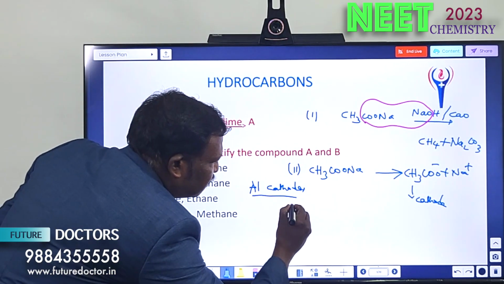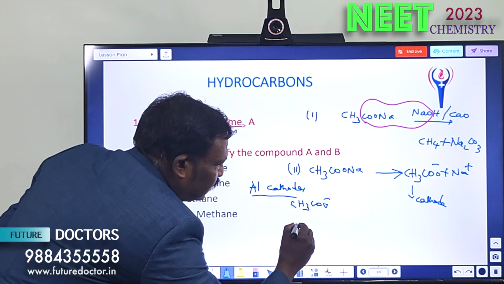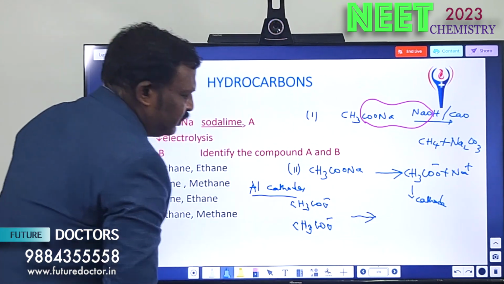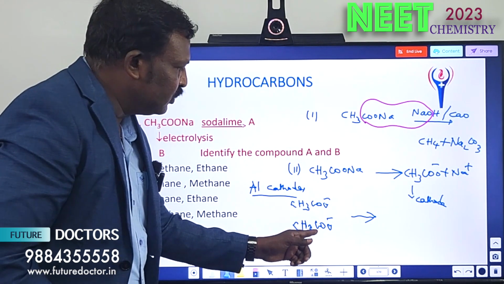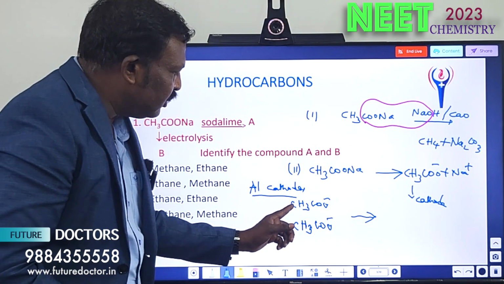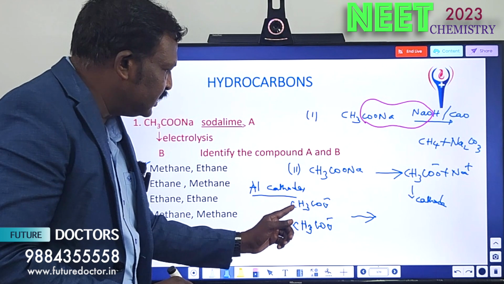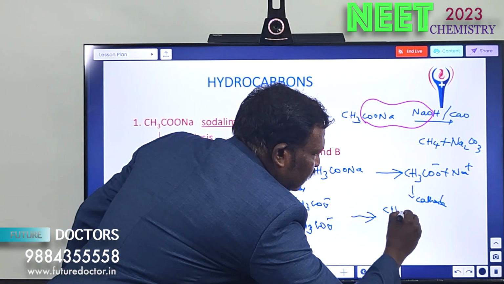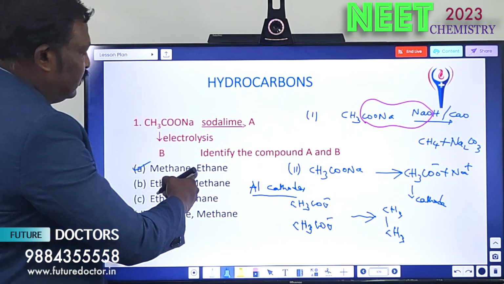You write 2 times CH3COO minus. Two CO2 molecules will be removed, then 2 electrons will be removed. Then a bond is formed between CH3 and CH3. So CH3 single bond CH3, that's the product. Two carbons is ethane.